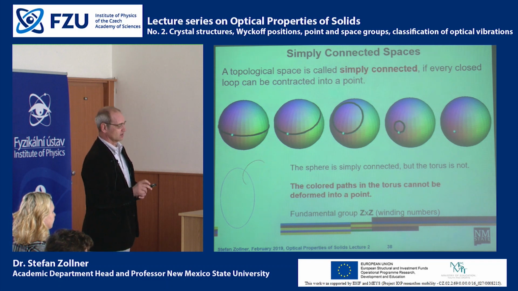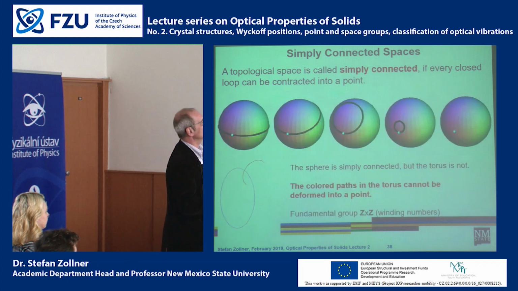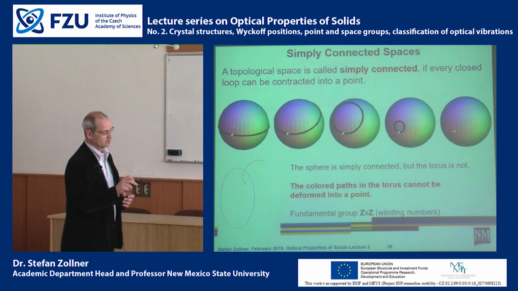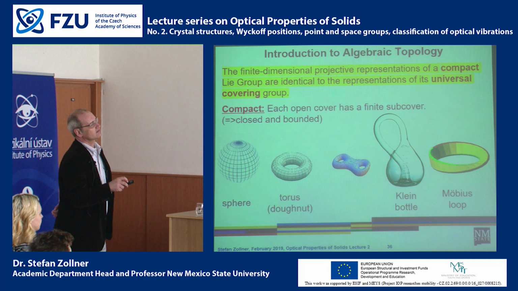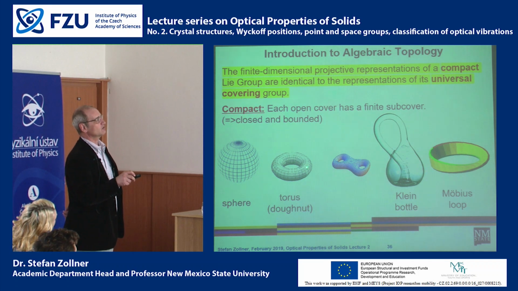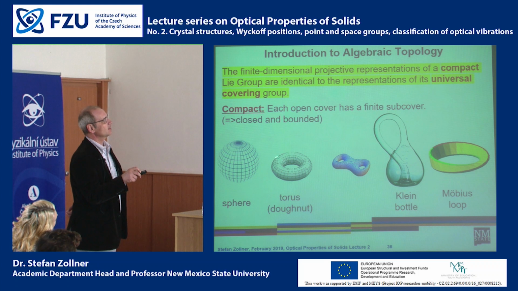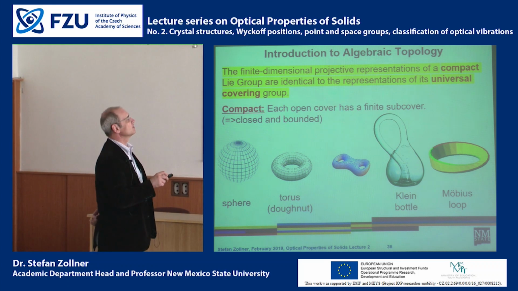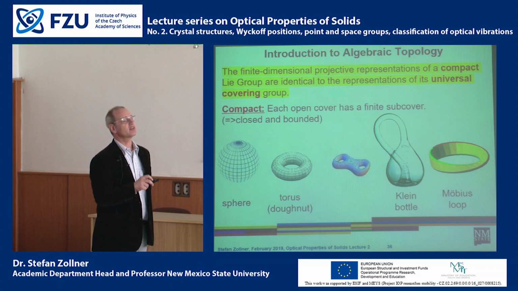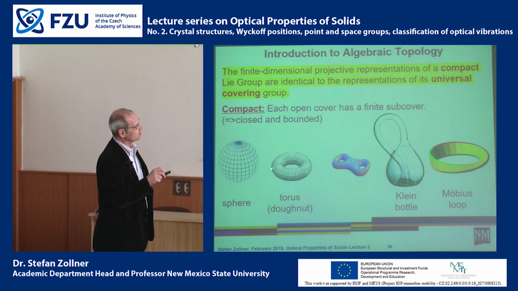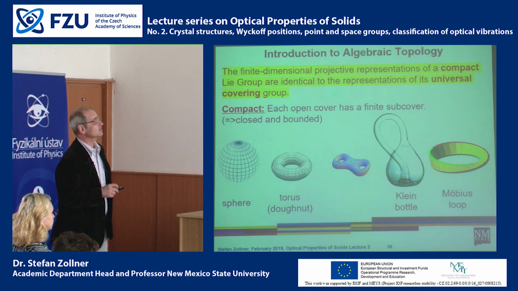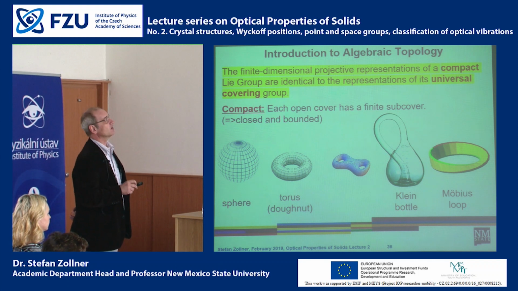And now here something happened to my figure. There used to be a torus here. So, as you can see, the torus has a hole in the middle. And if we start here at this point and we go around once, that path cannot be contracted into a point, and therefore the torus is not simply connected. Similarly, we can also go around this way, and that path can also not be contracted into a point.